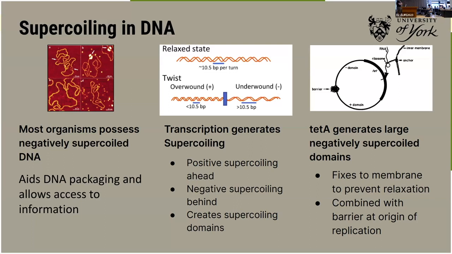And it means that the negative supercoils are even harder to get rid of, and they go even further through your plasmid. And it's a very big gene, so it's sort of always transcribing when it is transcribing. So if you have a TET-A gene in your plasmid, you get this huge negatively supercoiled domain upstream of transcription.